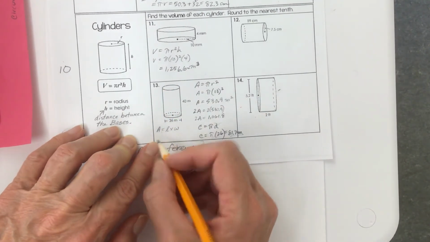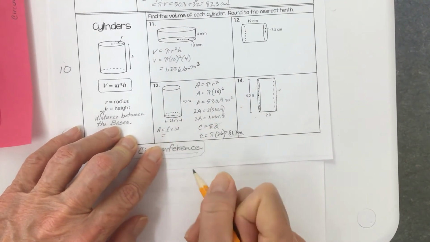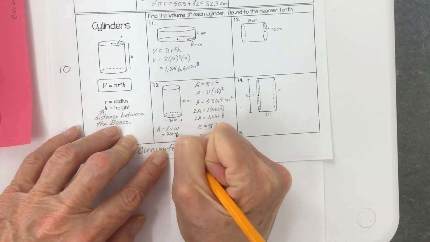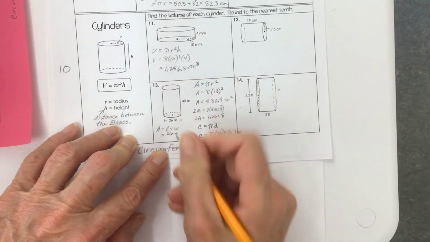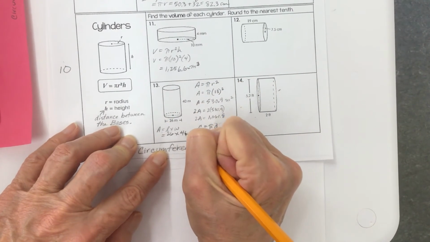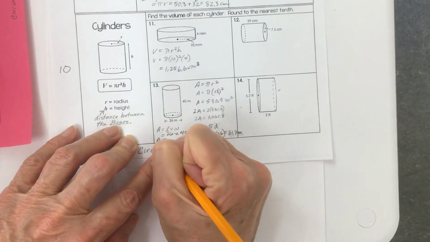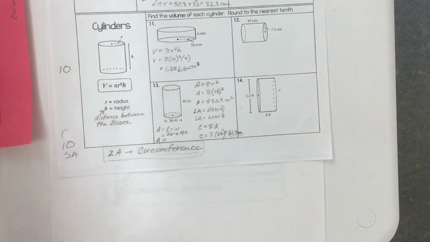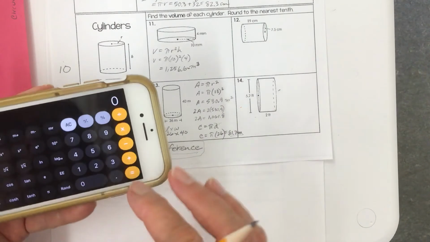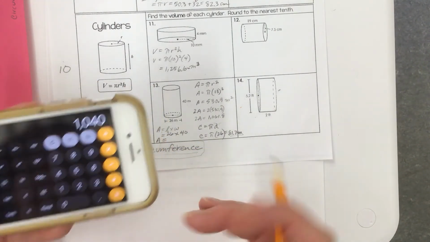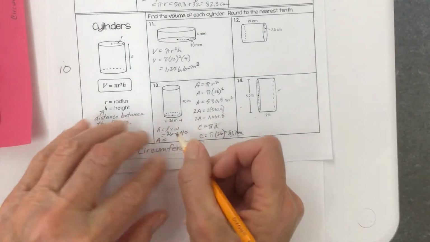That's going to be one of our dimensions for this rectangle, and the other dimension is going to be the height, which is 40. So 81.7 times 40 is equal to 1,040.